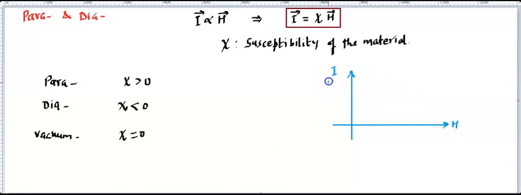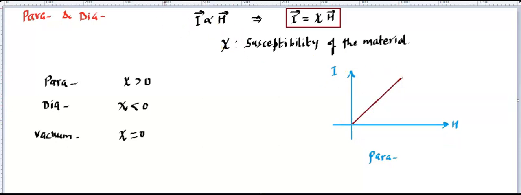Let's say we are drawing for paramagnetic materials. You can say this is going to be the relation I is equal to zeta times H, and zeta is positive, so it's going to be a positive slope case.